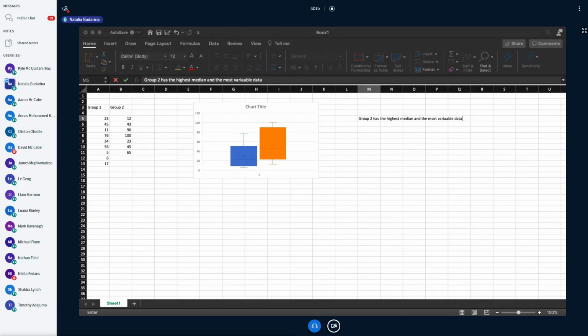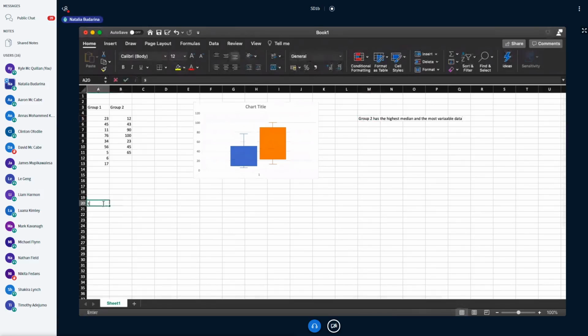Now I will show you how to calculate standard deviation, for example for group 1. It's question 3 in your lab. Okay, next question, standard deviation.